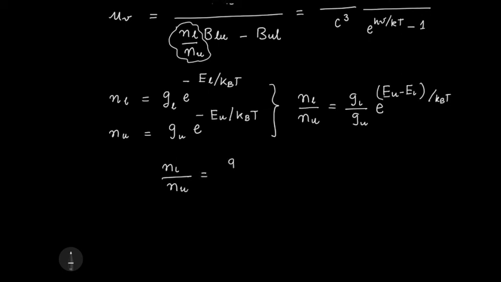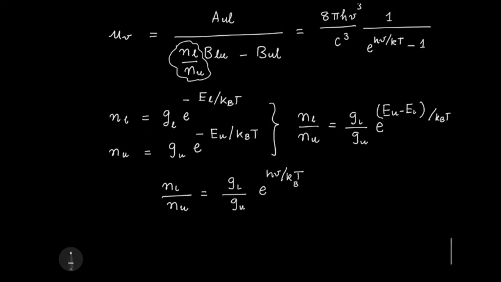EU minus EL is nothing but H nu, because that is the energy difference between the two levels. So NL by NU is GL by GU e to the H nu by KT.